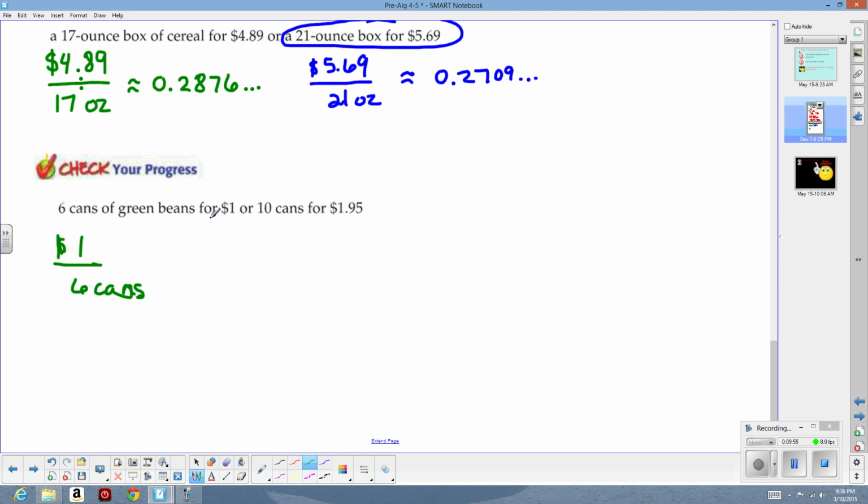So 1 divided by 6, that's going to be about a little more than 16 cents, close to 17 cents. The 6 is actually repeating. The 7 that shows up at the end of your calculator is just because it's rounding up at that place value. So it's 0.16 repeating, or almost 17 cents per can.